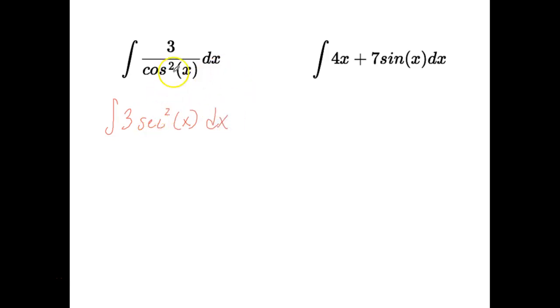Now if you're wondering where in the world the secant came from, remember, 1 over cosine is the same thing as secant. 1 over sine is the same thing as cosecant. So I moved this to the top and it became secant. And since it was squared, this is also squared. Now, do I know the integral of secant squared?